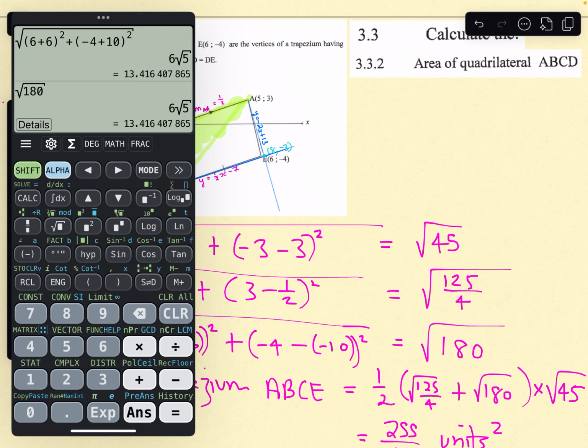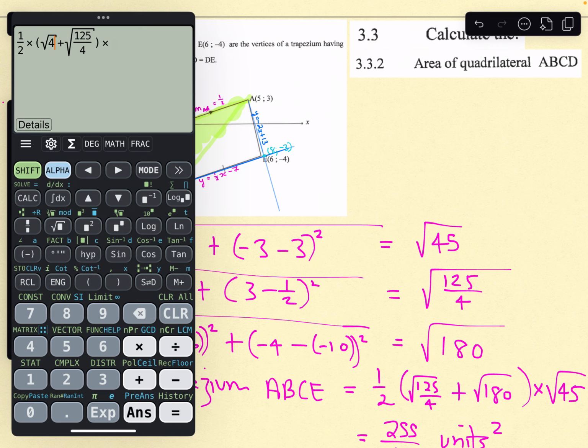So then the area of the trapezium would be a half times the sum of the parallel sides. So that is root 45 plus root 125 over 4 times the perpendicular height.